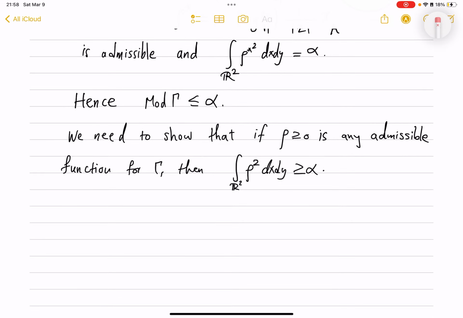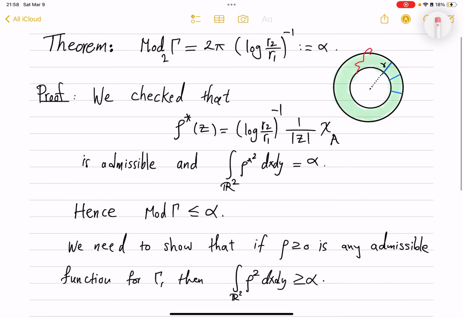So how does one prove this? The fact that makes this easier is that instead of working with random curves connecting the two circles, which can in general look very wild, you can only look at the radial segments.